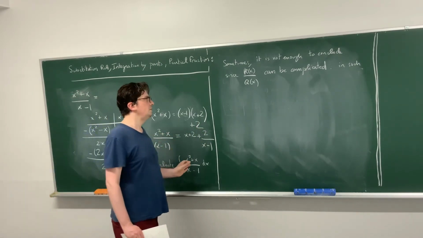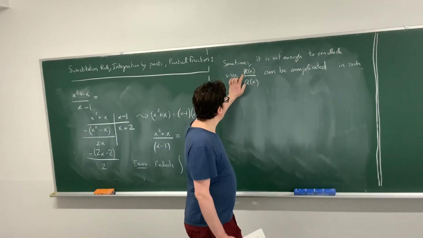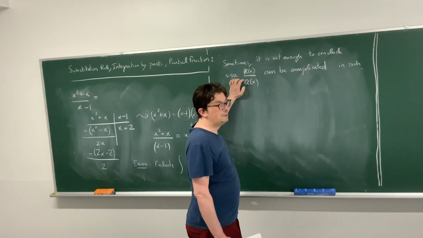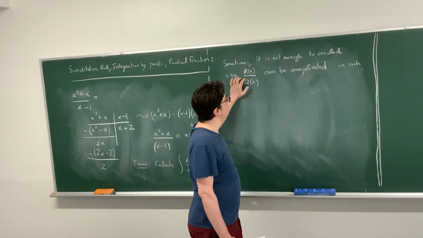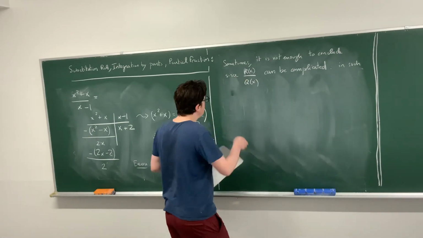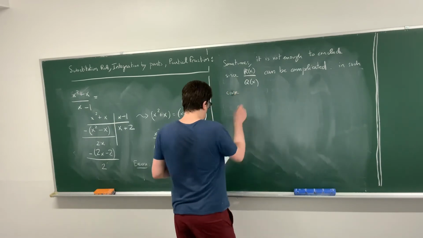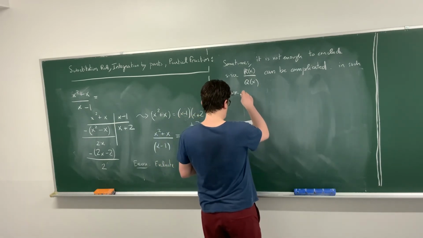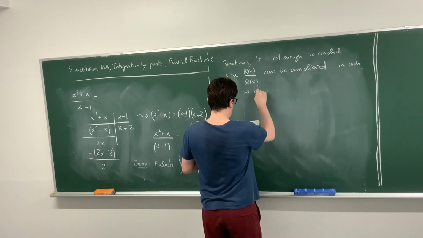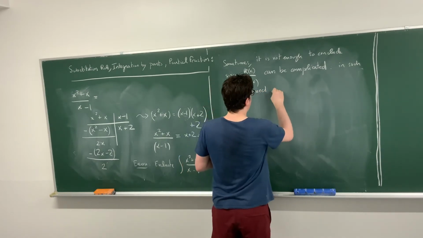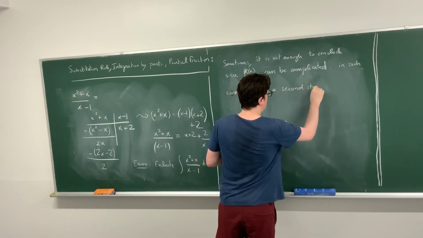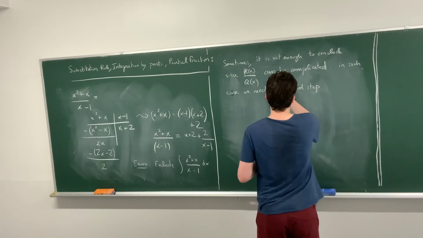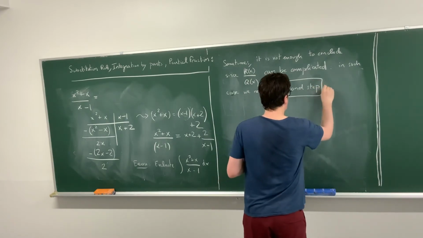So here it was easy, but sometimes this remainder divided by q of x will not be immediately integrable, and so in such a case we need a second step.